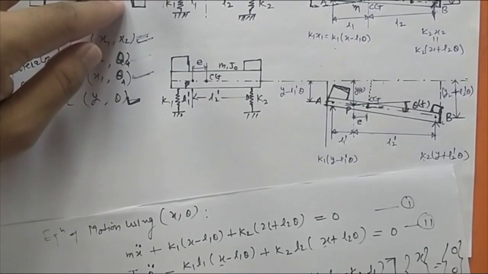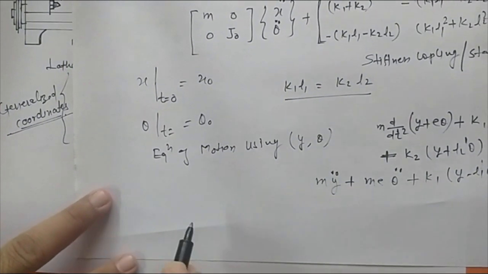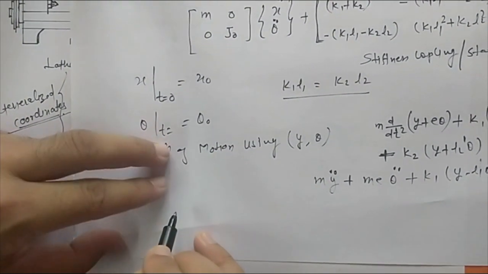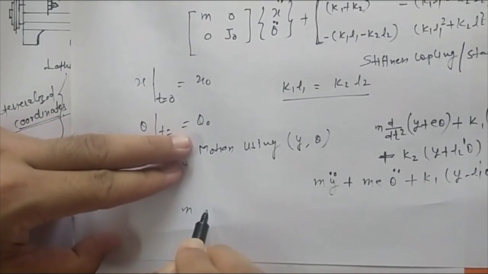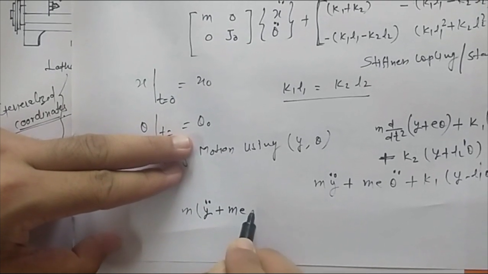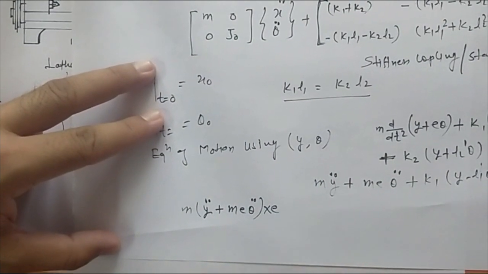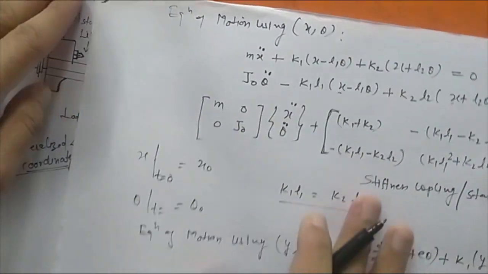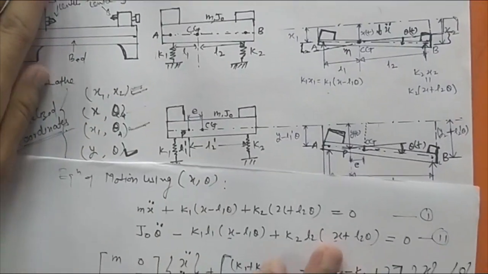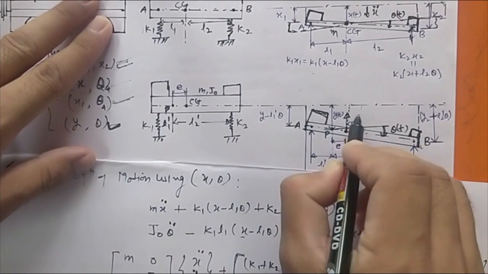So we write m y double dot plus m e theta double dot multiplied by offset E, because of this inertia force.